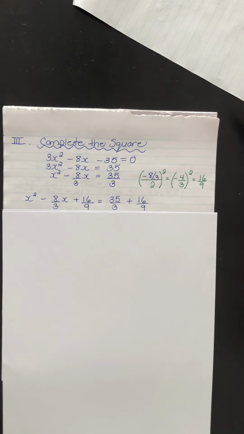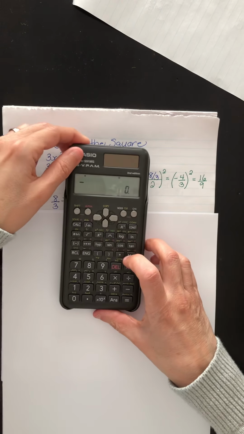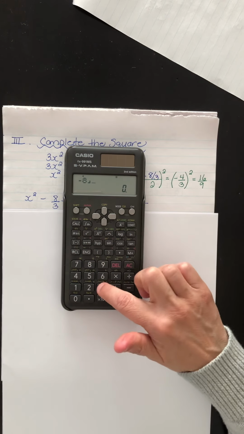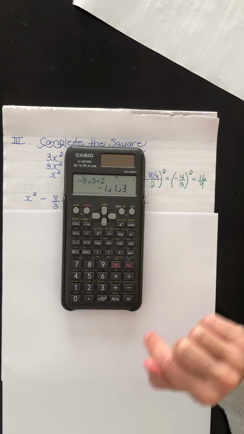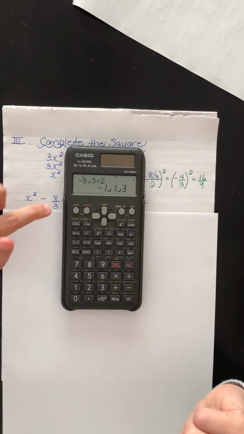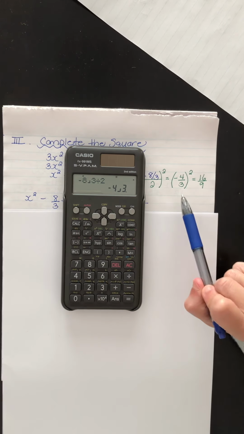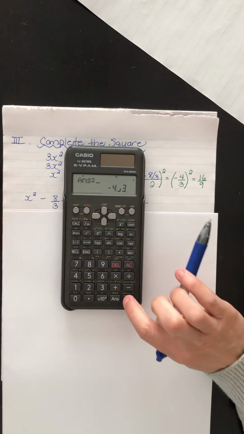Okay, these calculations with fractions, of course, can be done with your calculators. So I can show you this one if you like, negative 8/3 divided by 2 and then all squared. So negative 8/3, like this, divided by 2 equals, now that's the mixed fraction, but if we hit shift and hit this button again, there we go, that's the negative 4/3, and then we can square that.